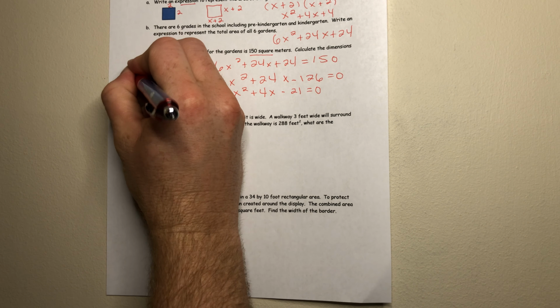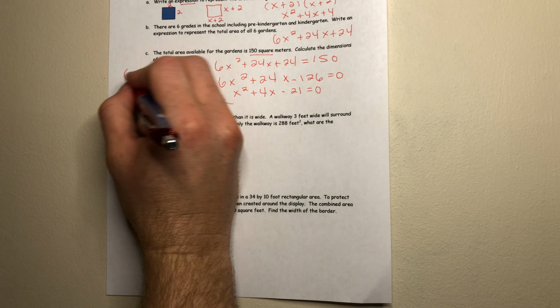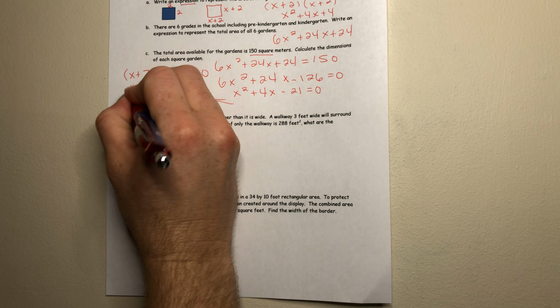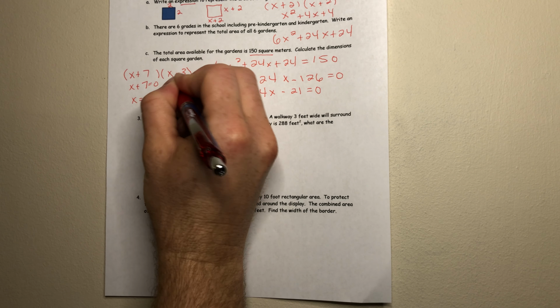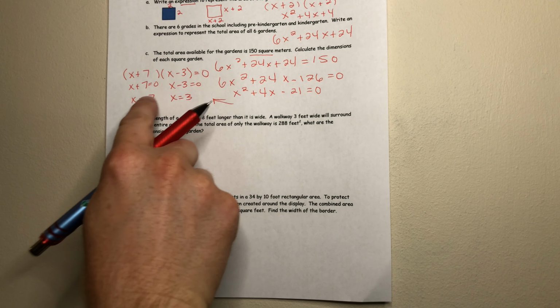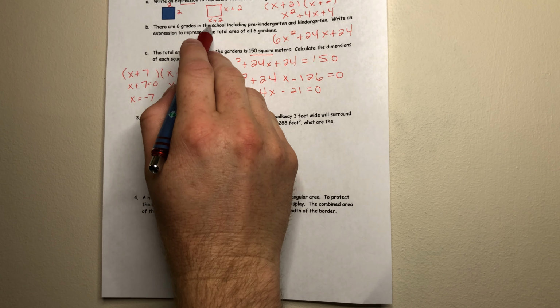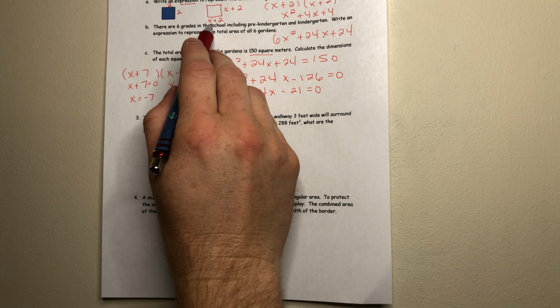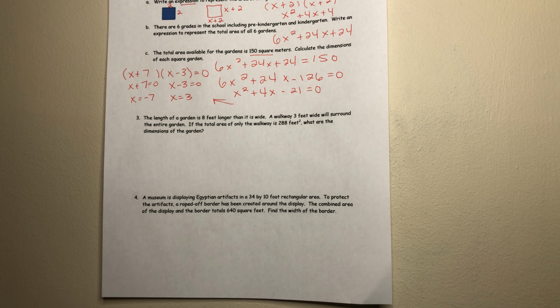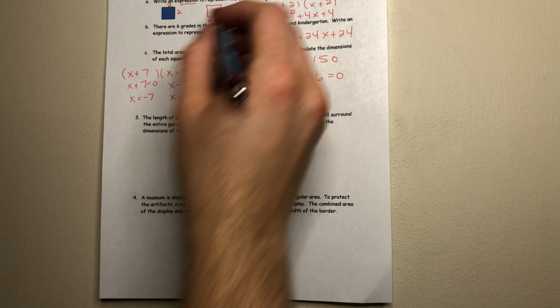Good. If you said x plus 7 times x minus 3, you are correct. This is going to give you an answer of -7, and this is going to give us an answer of 3. Now, which of these makes most sense? Could the principal have added -7 feet to each side? Of course not. But could the principal have said we're going to increase by 3 feet?